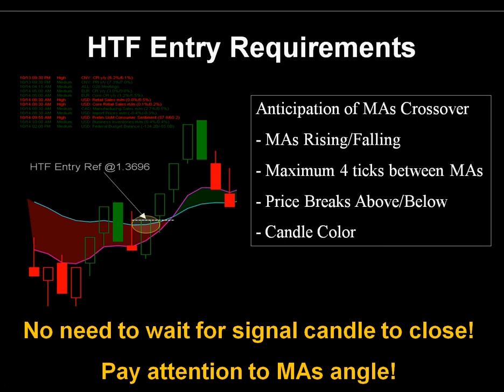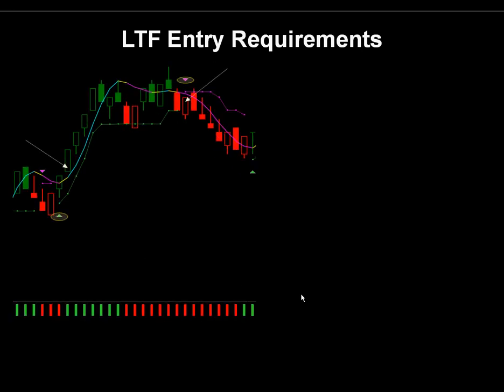Okay, so we don't wait for this candle to close before switching to the 5 range to identify the entry point. Now that we know that based on the higher time frame, we're looking for a certain direction like long or short, then we focus on the 5 range entry conditions.